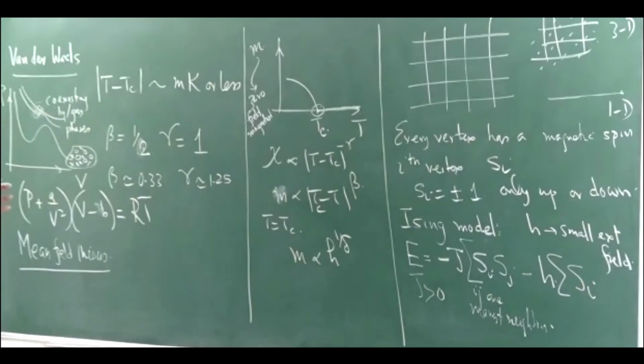If you are looking at the question of susceptibility, you would like to have an external field. The susceptibility is defined as: change the external field slightly, how much does the magnetization change? So del M del H at constant temperature, the isothermal susceptibility. So you take H equal to 0, switch on a small bit of H, and you look at M over H. So that's the Ising model.